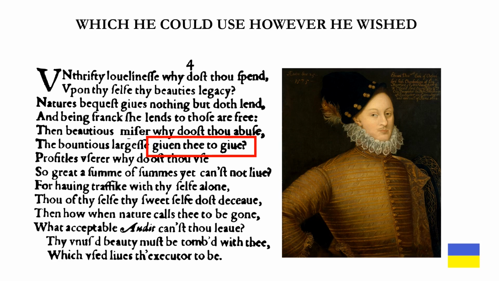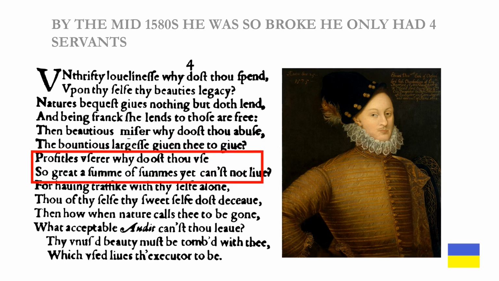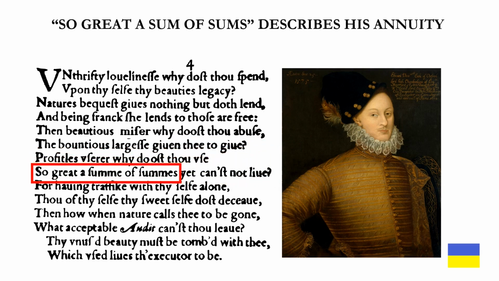I suspect he was to use this money to produce the pro-Tudor history plays, but he didn't. By the mid-1580s, he was so broke he only had 4 servants. That's why he calls himself a profitless usurer. So great a sum of sums describes his annuity.